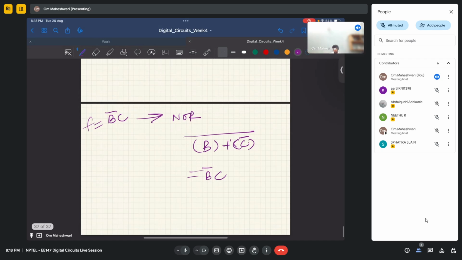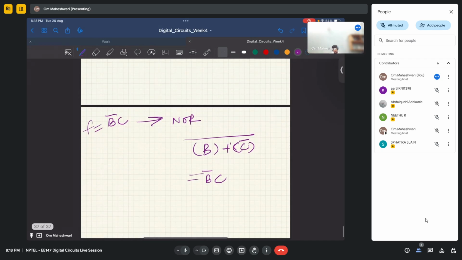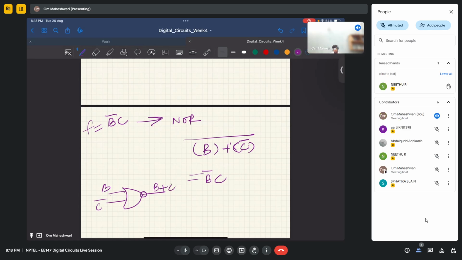So the NOR operation will be B C bar. So we need B plus C bar whole bar. C bar we can replace with this. Now this is similar to what we had done for the NAND operation. So just see what you are trying to implement, then I think it will be easier.